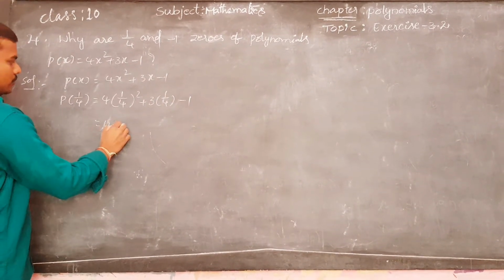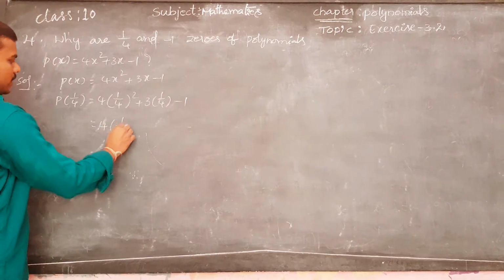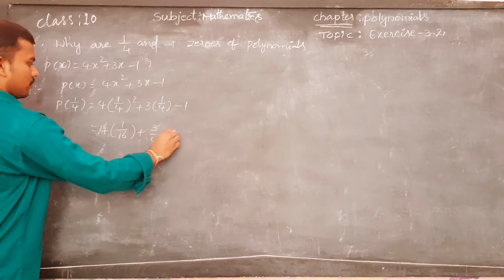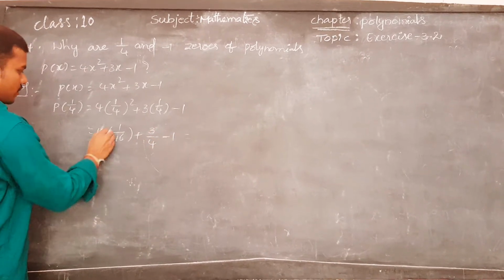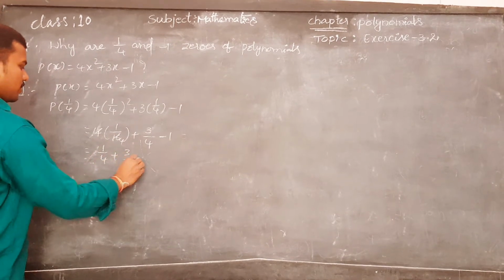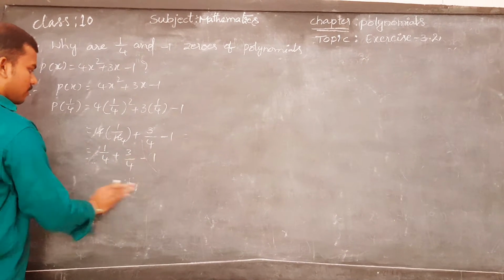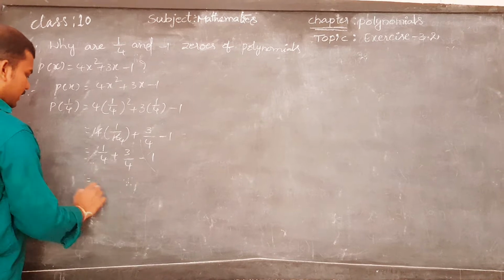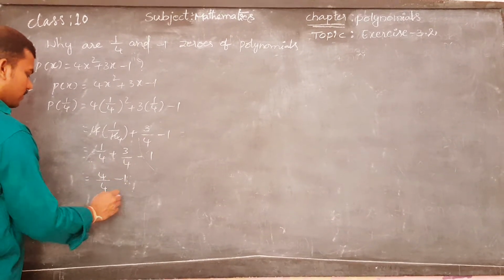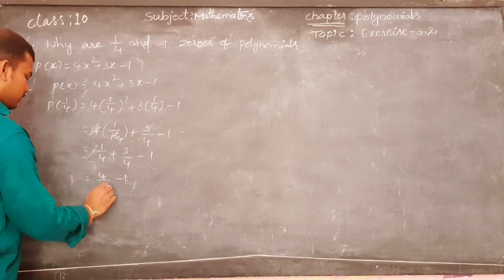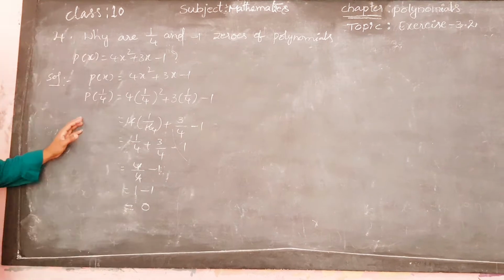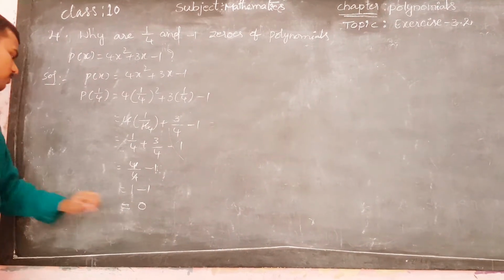So 4 into 1 by 16 plus 3 by 4 minus 1. 4 ones are 4, 4 fours are 16, so 1 by 4 plus 3 by 4 minus 1. Here LCM is 4. 3 plus 1 is 4 by 4 minus 1. So 4 by 4 means 1, 1 minus 1 is equal to 0. So p of 1 by 4 is equal to 0.